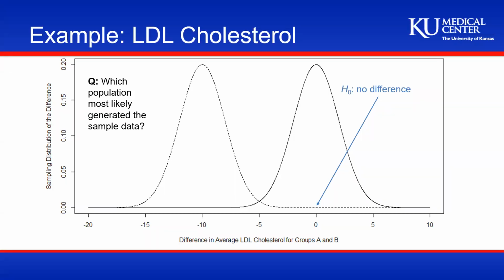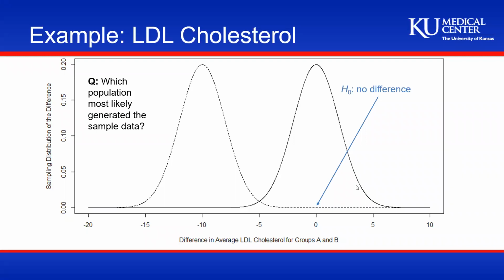This distribution represents the kinds of samples that could be produced if the null is true, which is why it's not just a line at zero. Even if the truth is zero, because of sampling variability, we could get something that's a little bit less than zero or a little bit higher than zero.